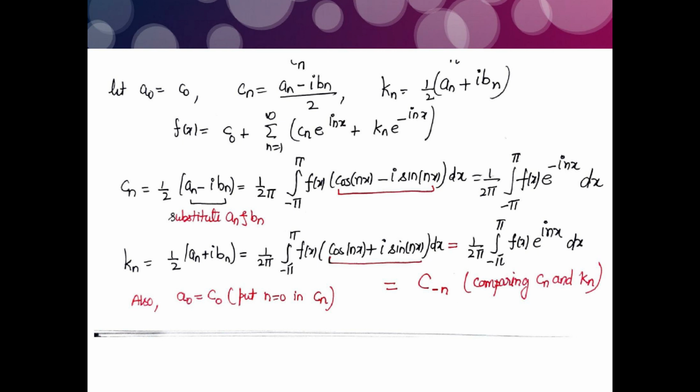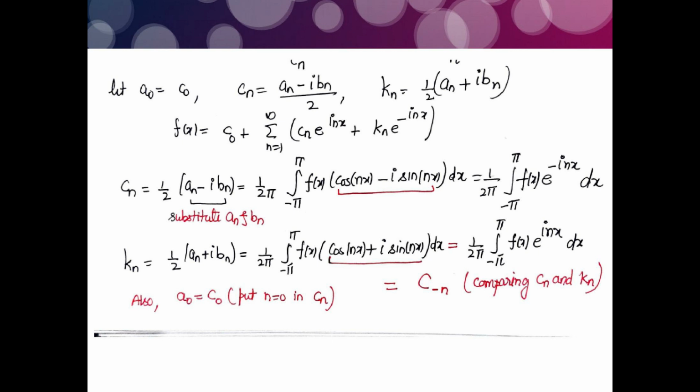Similarly, we can simplify K n and we finally have the third expression. It is 1 upon 2 pi, integral from minus pi to pi of f of x e raised to power iota nx dx. See the expressions of C n and K n. If we replace n by minus n in the expression of C n, we get K n.